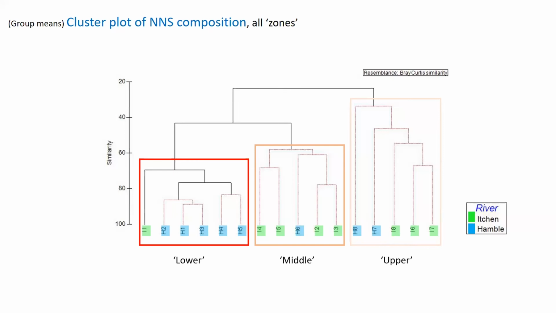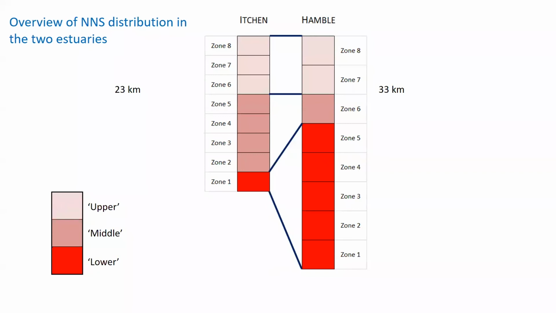Now, if we transpose those groupings back onto the two rivers, illustrated separately, we get this picture with the Itchen and the Hamble side by side, zones 1 to 8, 1 marine, 8 up at the freshwater end. And so we see that in the Hamble, the lower estuarine grouping takes up more than half of the length of the estuary, whereas in the Itchen, it's just zone 1.